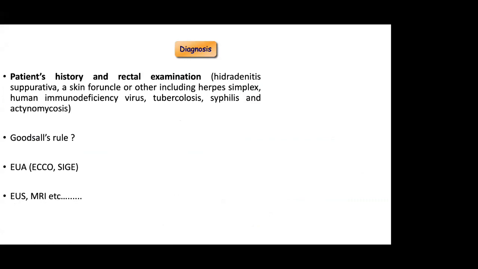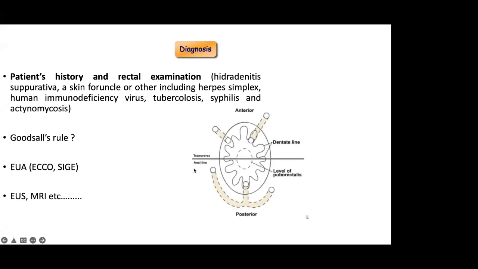And there are also other important things, such as Goodsall's rule. Goodsall's rule states that for a fistula with an external opening anterior to an imaginary transverse line across the anus, the internal opening is at the same radial position.